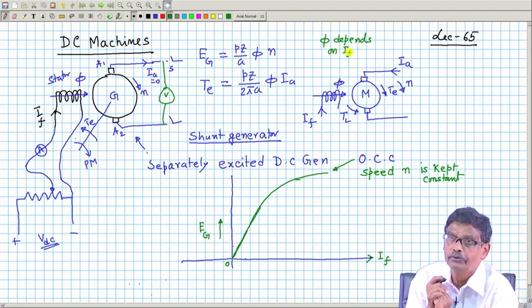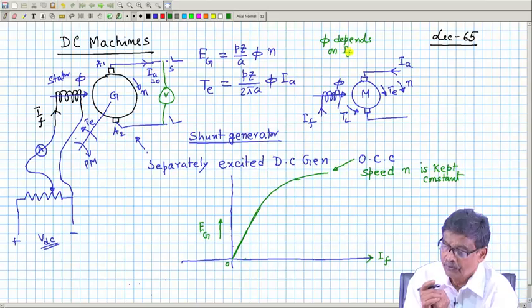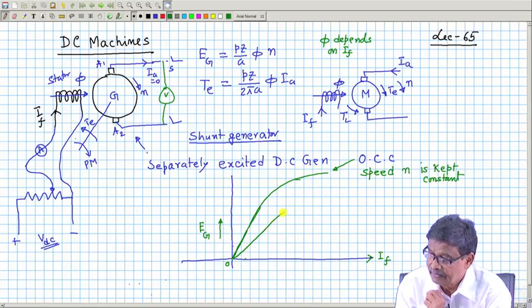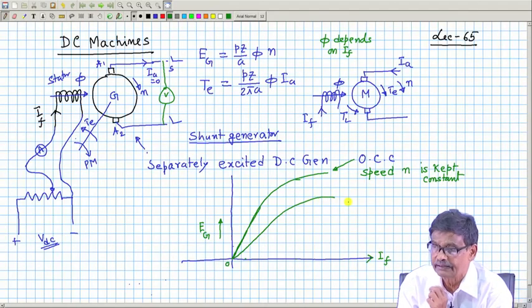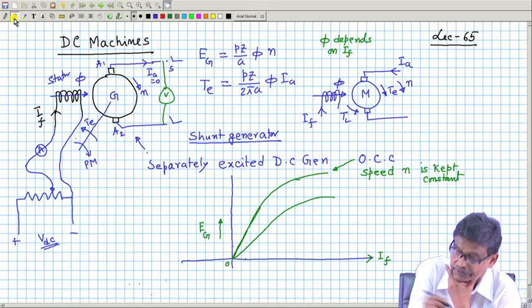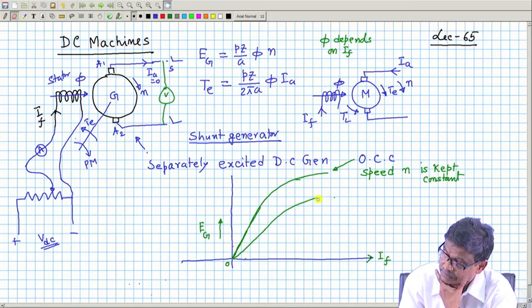The OCC will be lower. I have not drawn it properly to scale, but what I mean to say is that it will be like this.